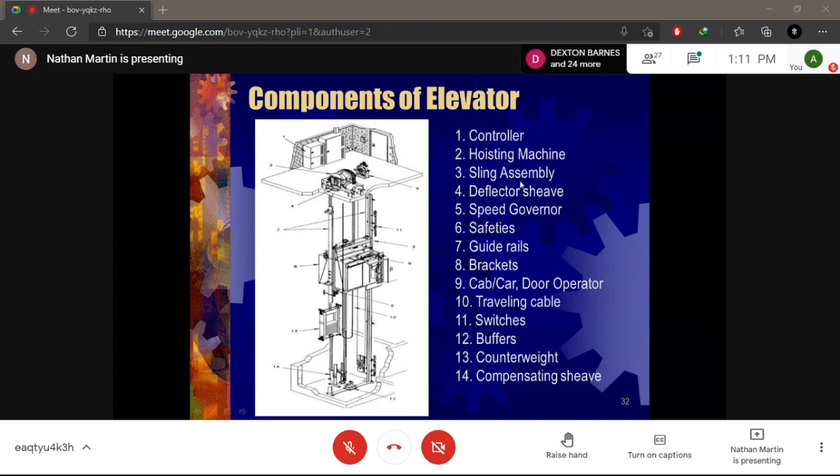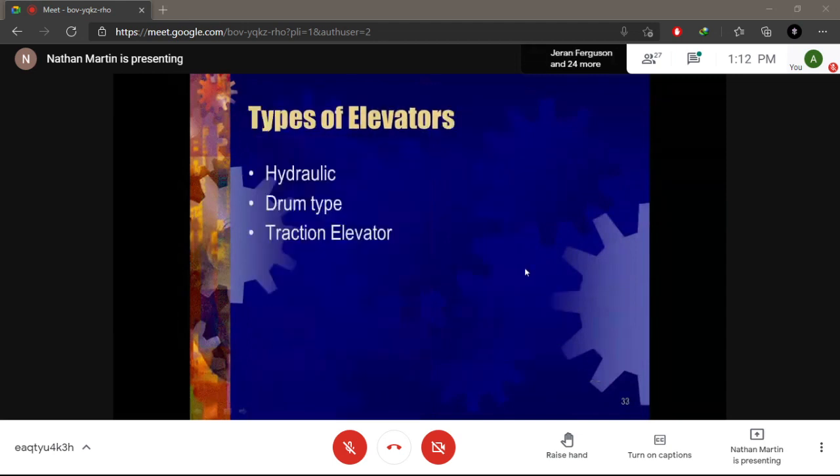You have the sling assembly, deflector sheave, speed governor to govern the speed of the motor, safeties, guide rails, brackets on the cab, traveling cables that will hoist the elevator, switches that will create the necessary logic, buffers, counterweight, and compensating sheaves. All right, so we're going to look at all of this, or some of them, in the different equipment in brief.